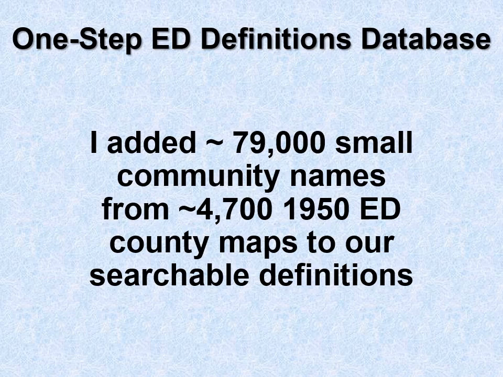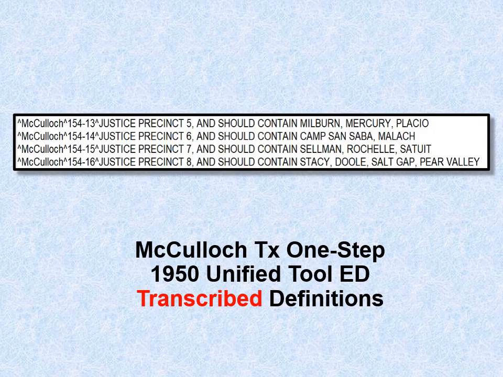So about 79,000 additional names were added to our searchable definitions. What that means, for instance, from McCulloch, Texas, and this is part of our database, is that the original definition is there, the justice precincts, but in addition to that, all these small communities are now searchable on the One Step website and will lead to an enumeration district number.